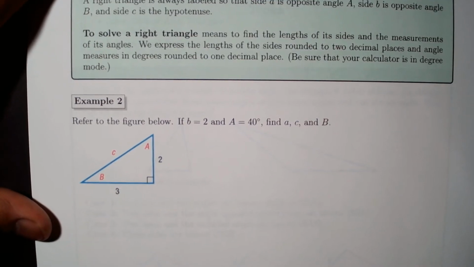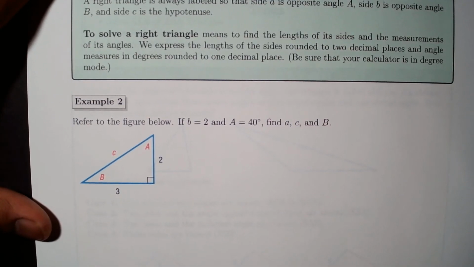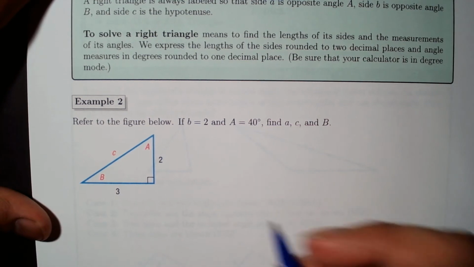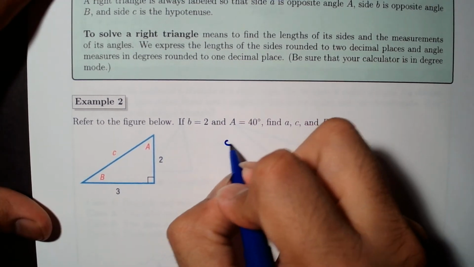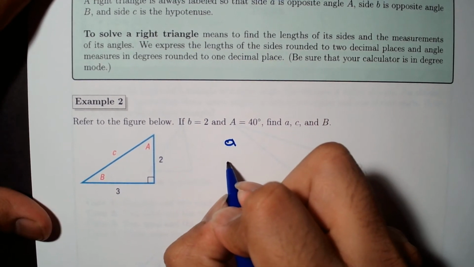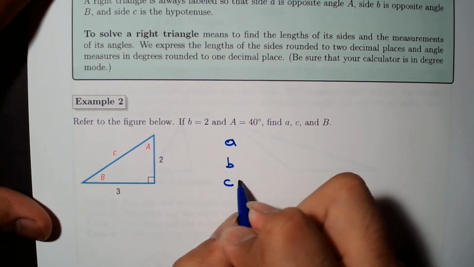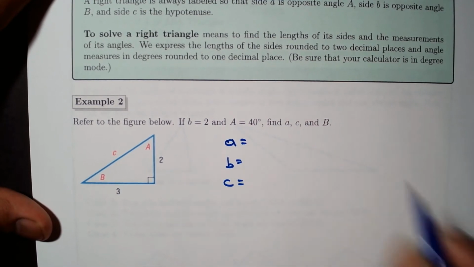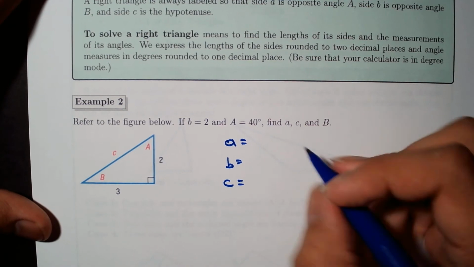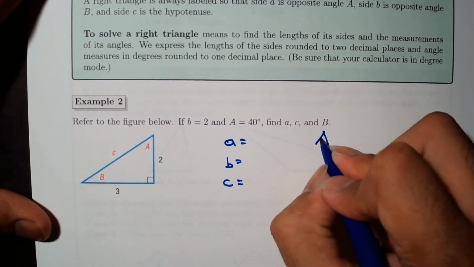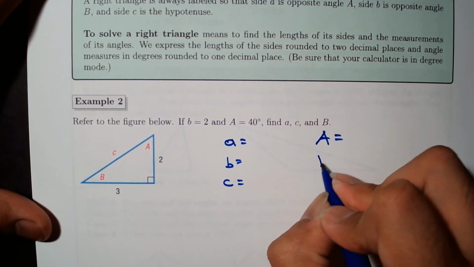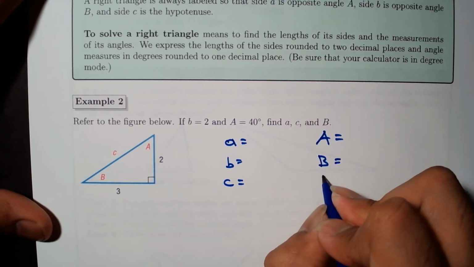Let's list lowercase a, lowercase b, lowercase c. Those are going to be the sides, and the uppercase letters are going to be for the angles.